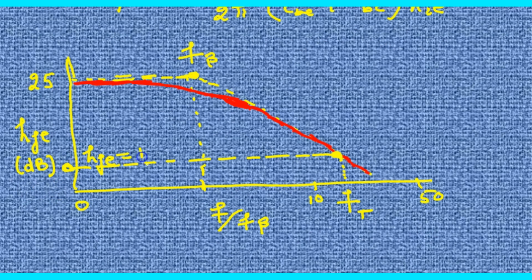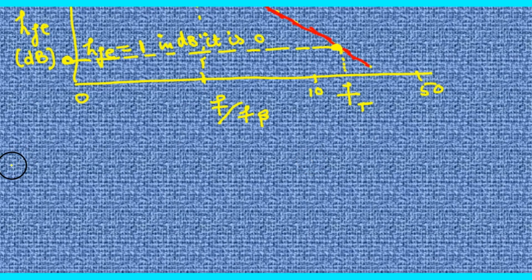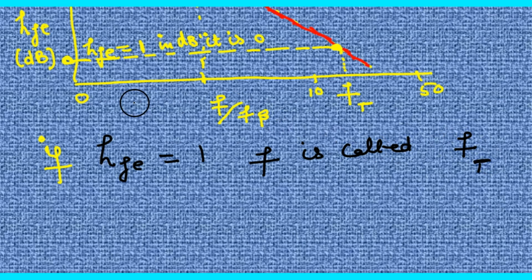So when HFE is equal to 1, then in decibel it becomes 0. So if HFE equals 1, then f is called ft.